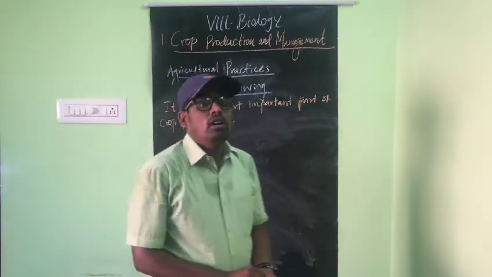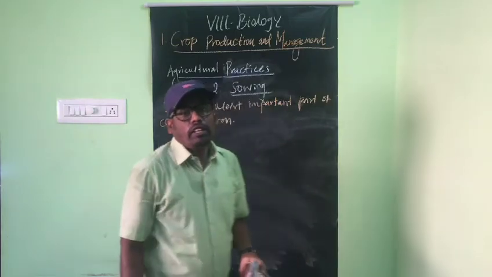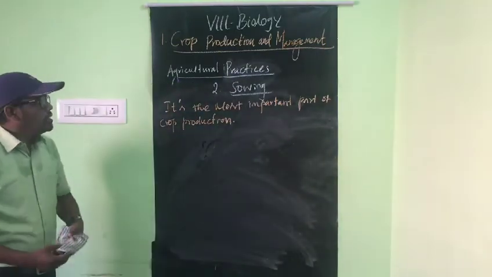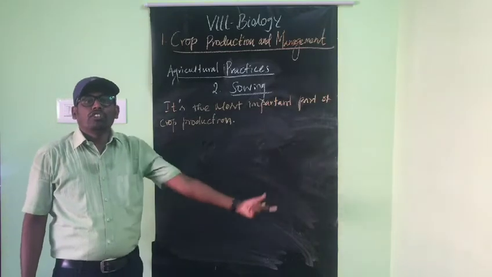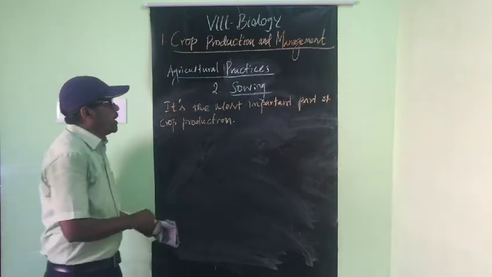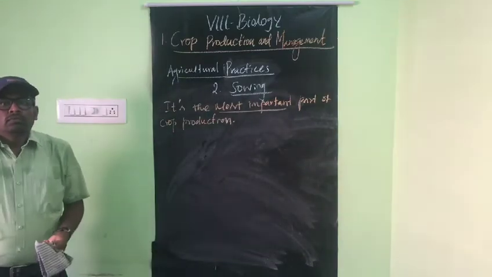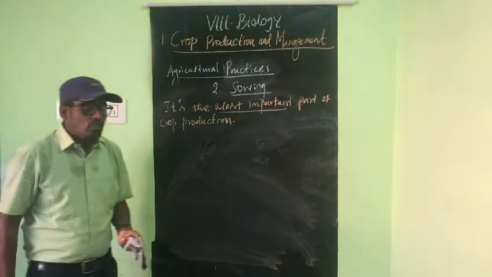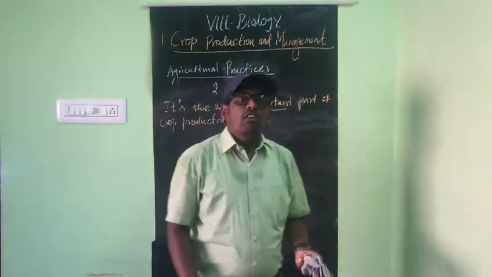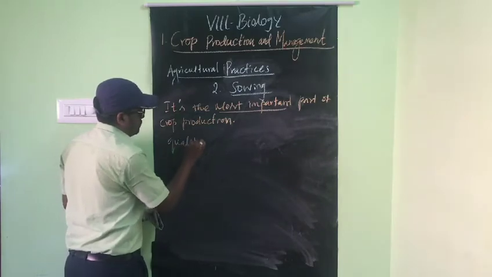Sowing, in Tamil, we say Viraithal. If there is no sowing process, what will happen? There is no crop production and management. That's why it is the most important part. Before sowing, we have to select a quality of seeds.